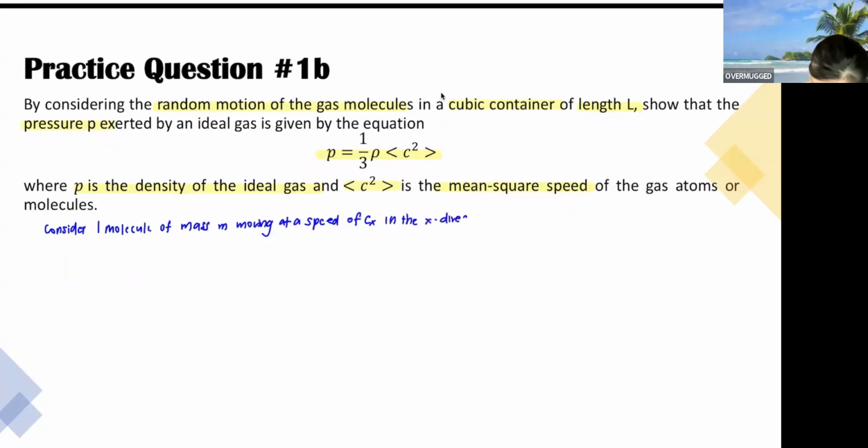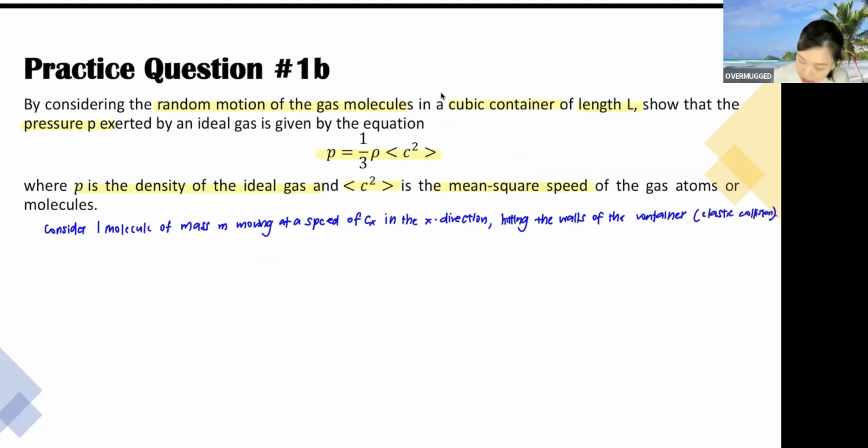Okay, so let's just assume that your gas is actually moving in the x direction and it has a speed cx. Okay, and it is hitting the wall of the container, elastic collision.